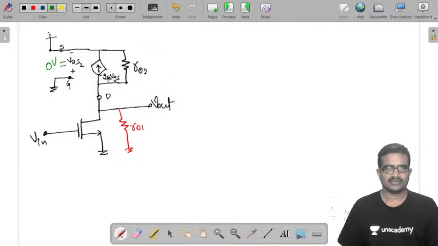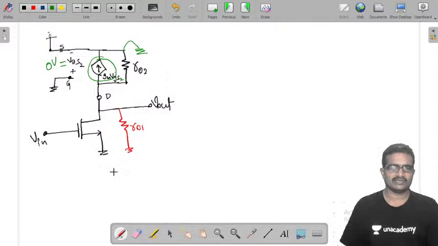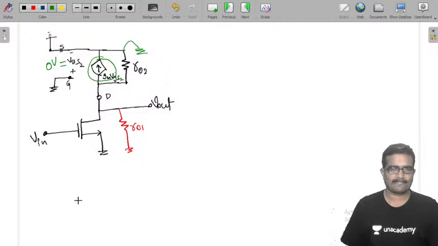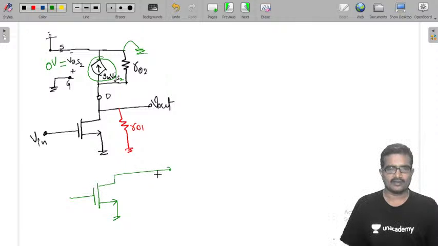So gm VGS2 is also 0, it is open circuited, and this part is connected to ground. Now its equivalent circuit is like this. Here is the output impedance of this one, R01, and the output impedance of this one is R02. Both are in parallel. Here we are taking the output.